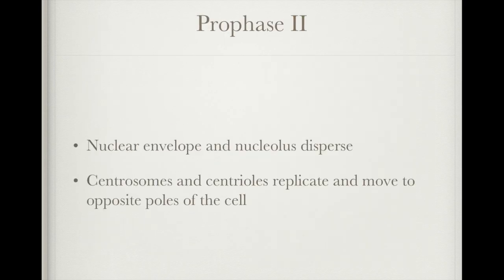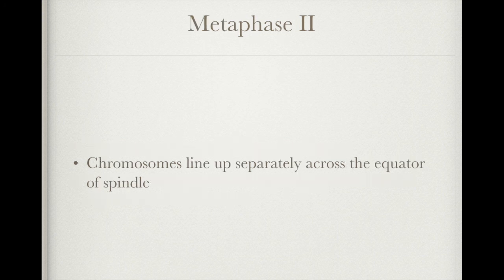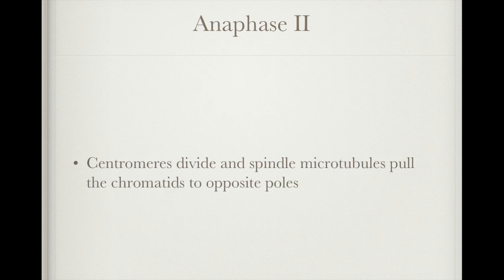It's just like mitosis. So we've got prophase 2 with the nuclear envelope and nucleolus dispersed, and the centrioles replicate and move to opposite poles of the cell. Then the chromosomes line up separately across the equator of the spindle. Then the centromeres divide and spindle microtubules pull the chromatids to opposite poles, not whole chromosomes, just one chromatid for each chromosome.